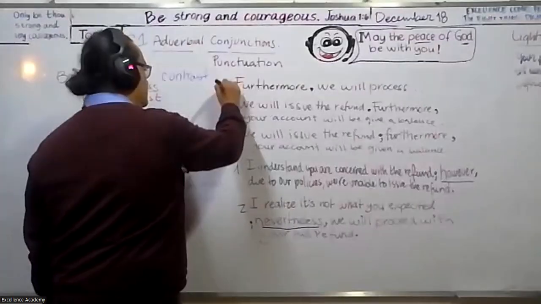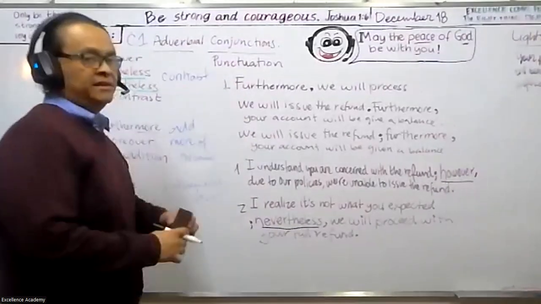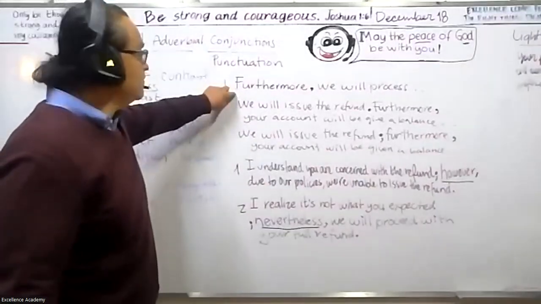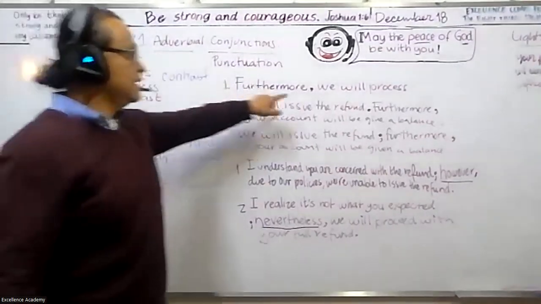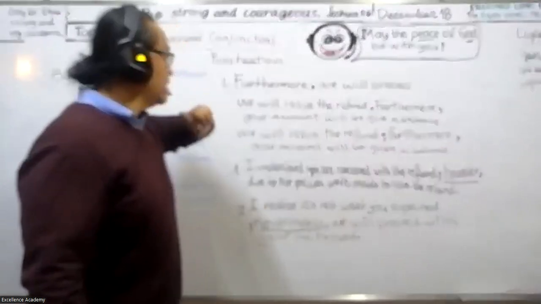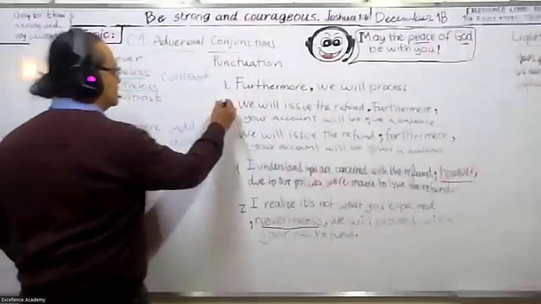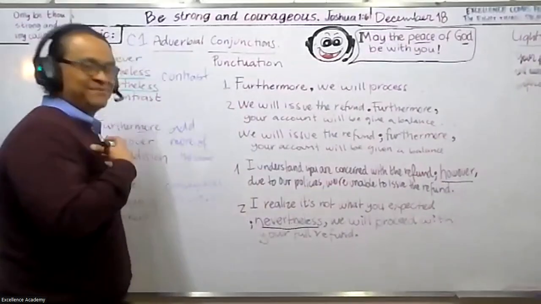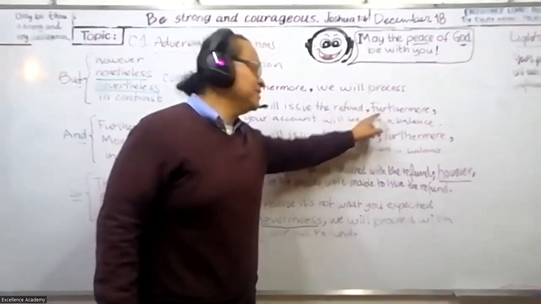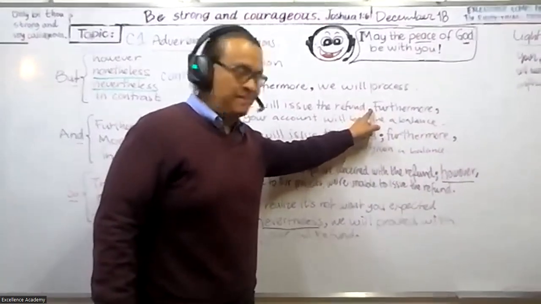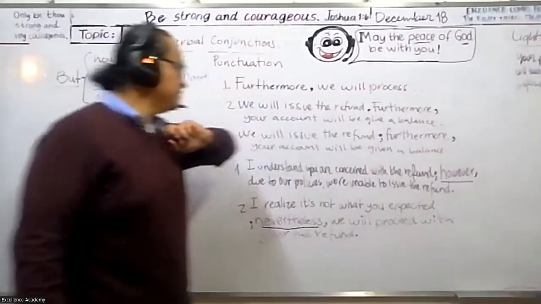Number one, if you begin the sentence or the paragraph, you start with the adverbial conjunction and a comma. The second style is my preferred style. I use the adverbial conjunction after a full stop, a period, followed by a comma.